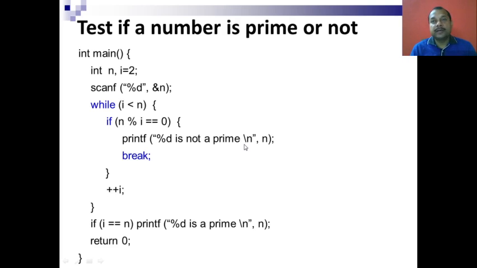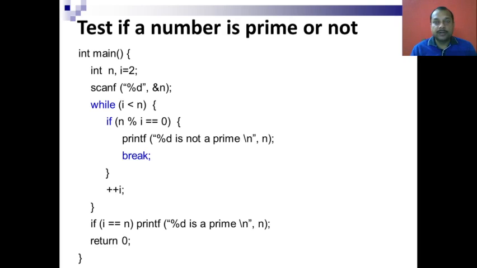But if I get a number which is divisible by, say, 2 or 3, then there is no need to proceed further. For example, if I give you the number 1234, I see that I can divide 1234 by 2 itself.